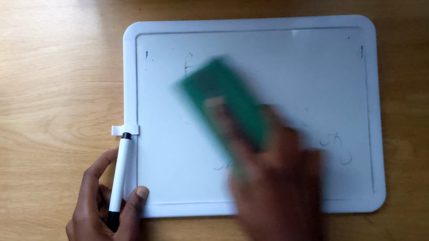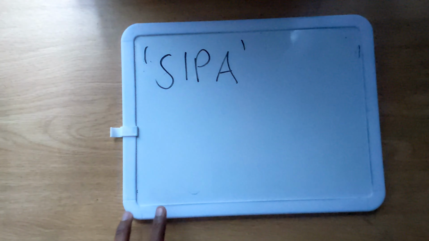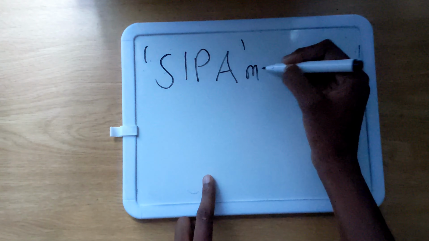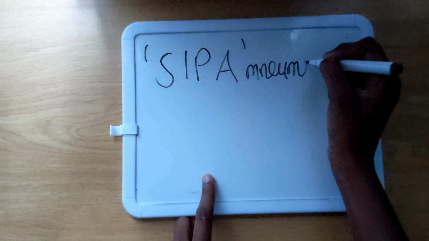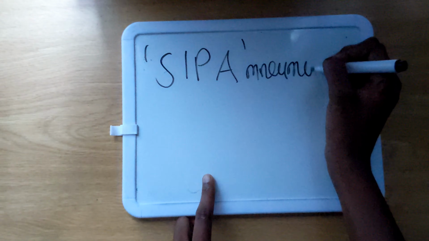Then when you're dealing with the specific management of DKA, we use the mnemonic SIPA. This is a mnemonic that helps you remember what you have to do for your patient. S is for solutions, which is fluids.